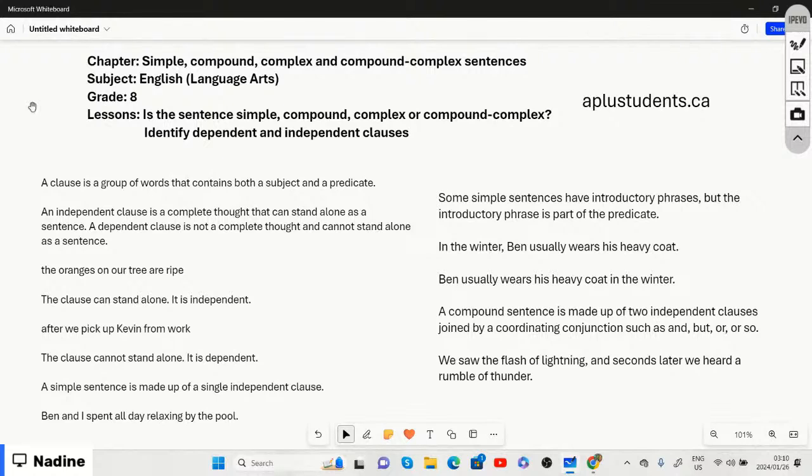All right, and then some simple sentences have introductory phrases, but the introductory phrase is part of the predicate. For example, in the winter, Ben usually wears his heavy coat.